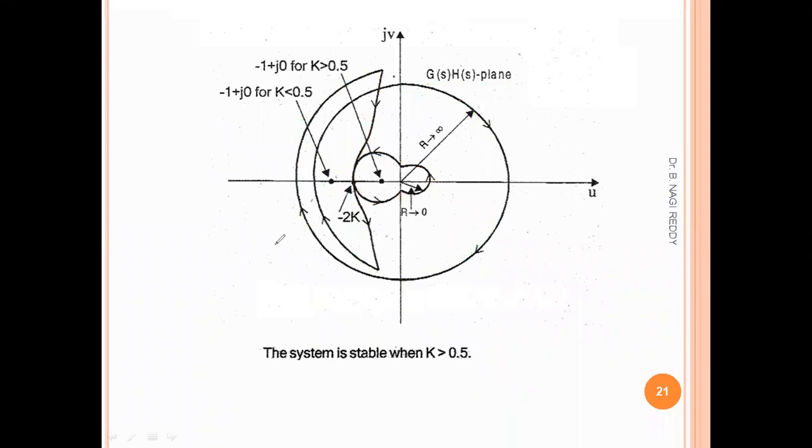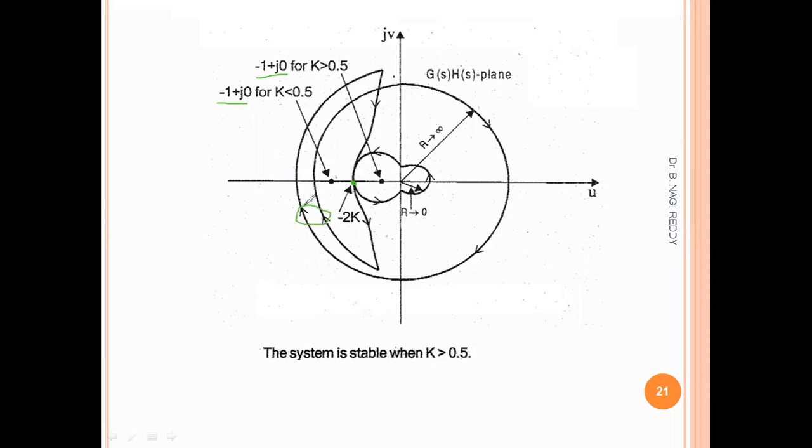So for identifying the k value range, you can see here, this is the minus 2k point. This is the stability point. Okay. So the stability analysis can be made with respect to -1 plus j0. The first condition: if k is less than 0.5, if the k value is small, then the -1 plus j0 point will exist here, because this is the infinity graph.